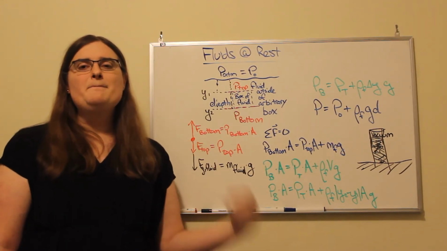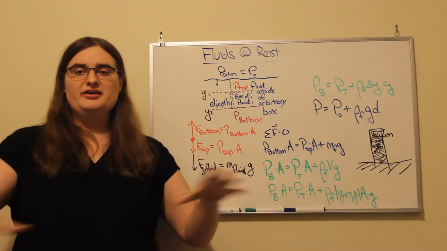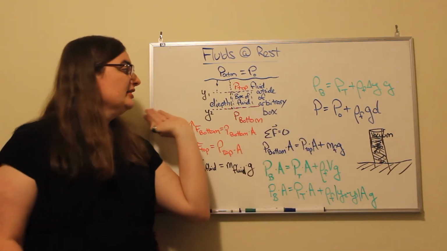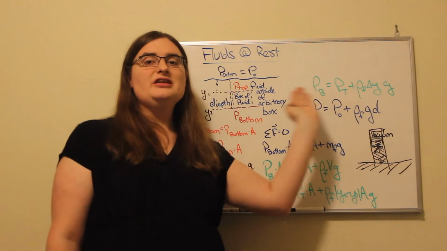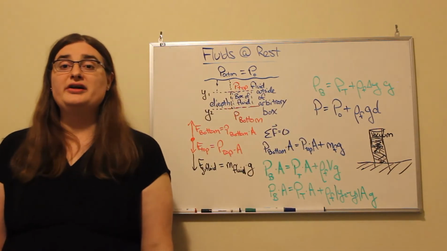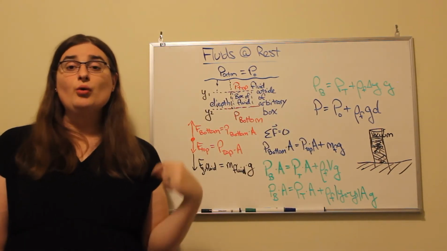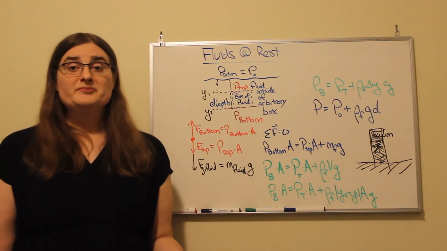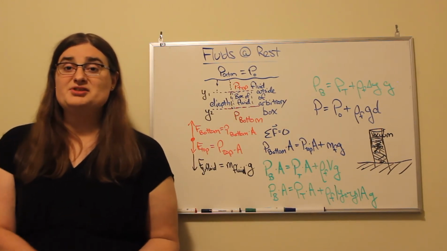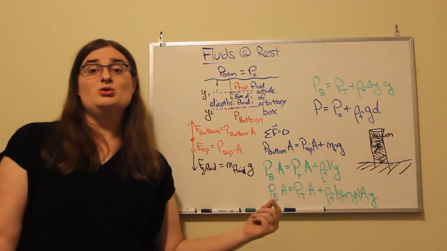It doesn't matter how large an object is, the pressure at any given level inside a fluid that's at rest is going to be uniform. And in physics we sometimes say fluids seek out their own level.